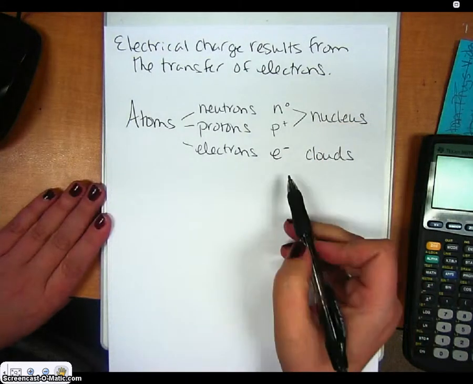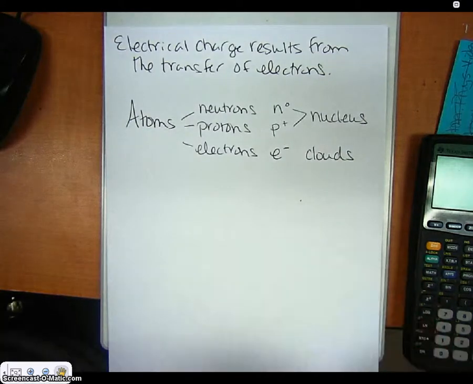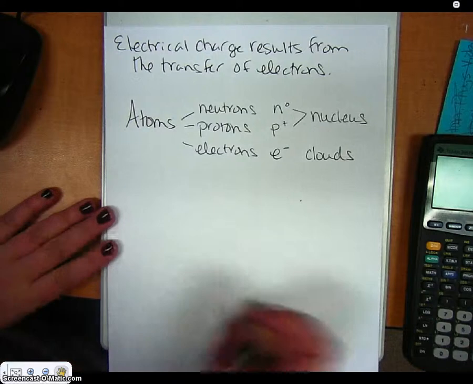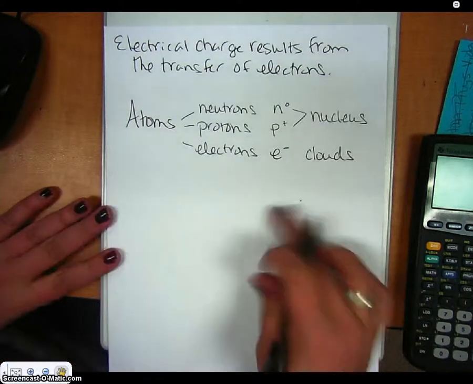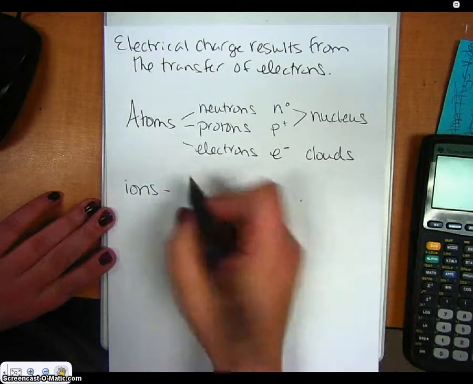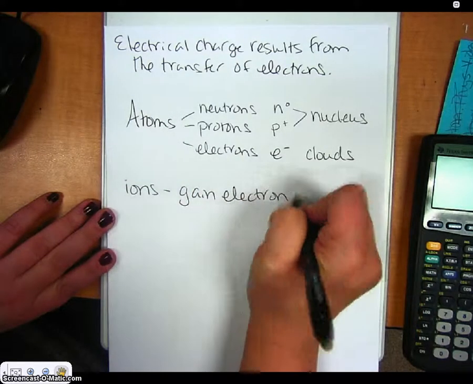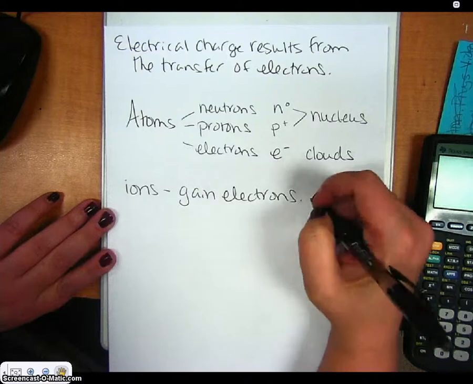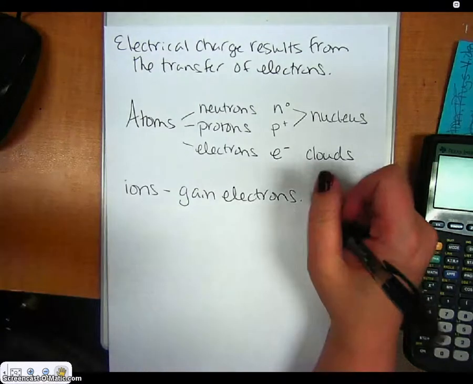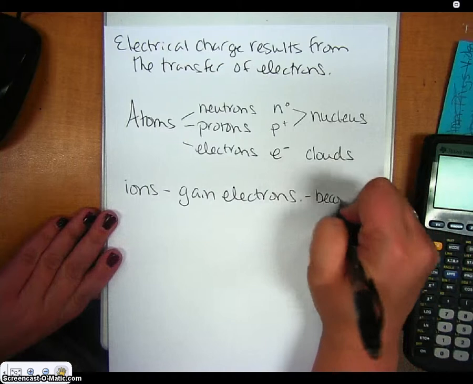The electrons are the ones that are able to move from one object to another, therefore resulting in either a net positive or a net negative charge. You may also recall, if you've taken chemistry, the idea of ions. If a substance gains electrons, it becomes negative because you've added something negative to it.